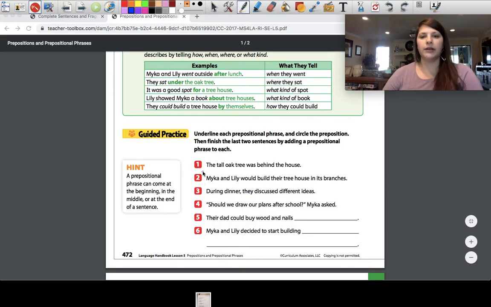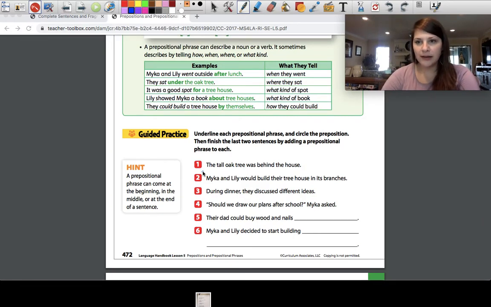Let's look at number 1. What I like to do is identify the preposition first. To me, it's just kind of easier, and then I can locate the prepositional phrase after that. The tall oak tree was behind the house. Remember we talked about that a prepositional phrase can describe a noun or verb, and it tells how, when, where, or what kind.